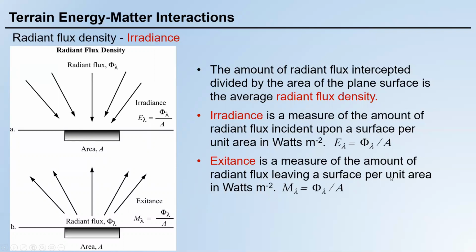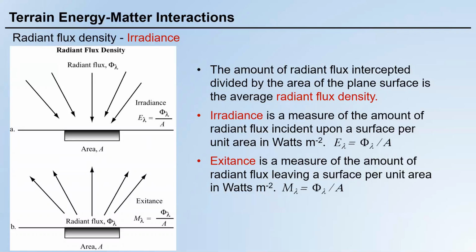So the foundation of these two concepts is the same, energy per unit area. But irradiance is used to address the energy arriving at the surface, exitance is for the energy leaving the surface, okay?